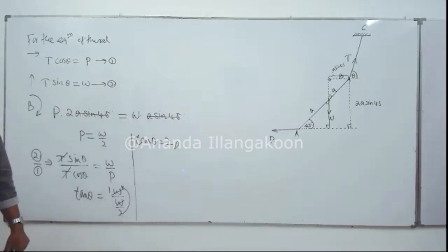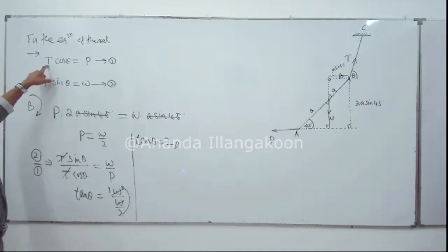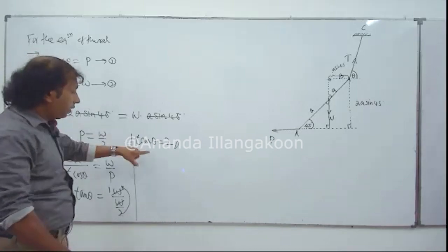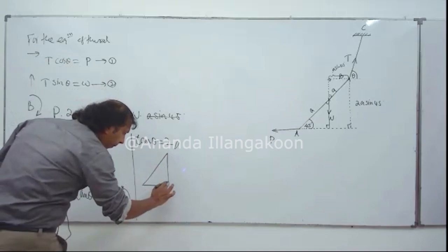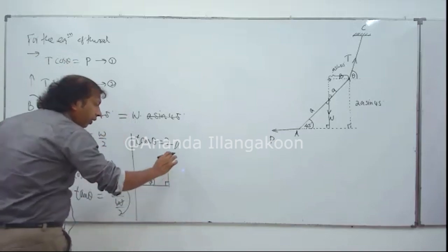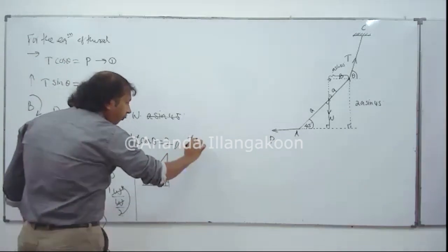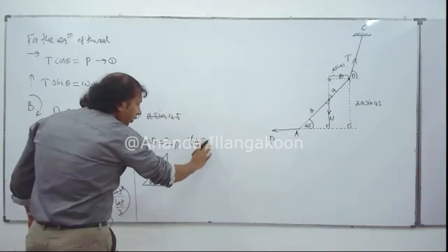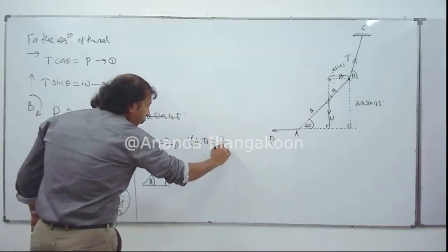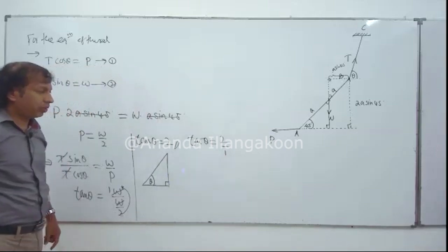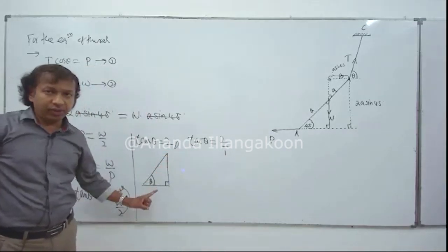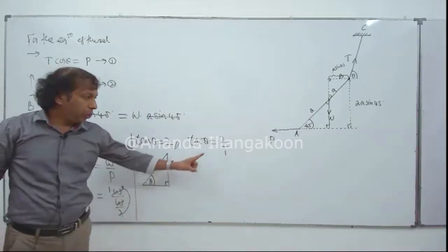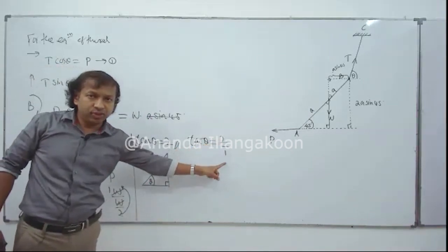What is asked next? The tension in the string, T, we need to find. Tan theta equals 2 means we can draw a triangle. Tan is opposite side divided by adjacent side, so opposite is 2 and adjacent is 1.